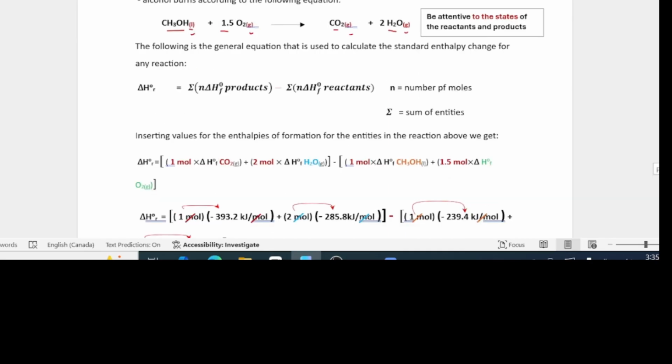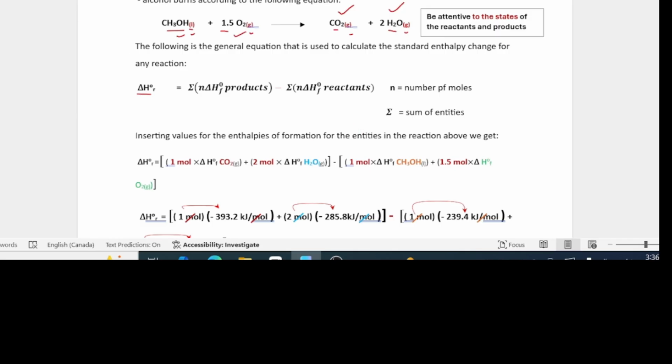This is a general equation that's used to enable us to calculate the standard enthalpy of reaction for a particular change. To do that for the one in focus, we take the sum of the enthalpies of formation for all the products and subtract from that the sum of the enthalpies of formation for all the reactants.